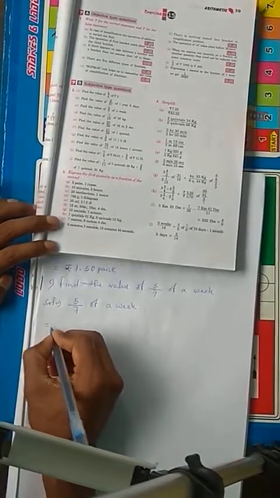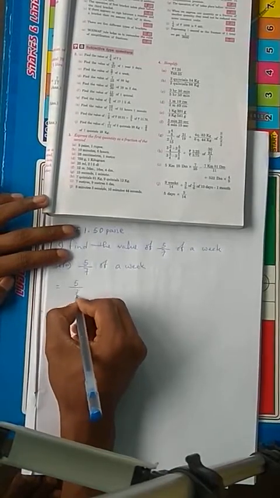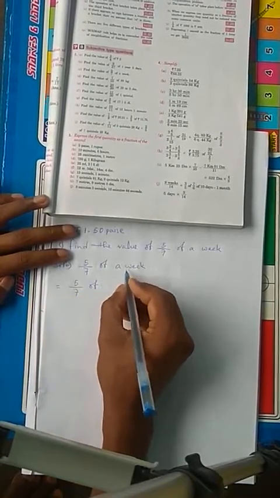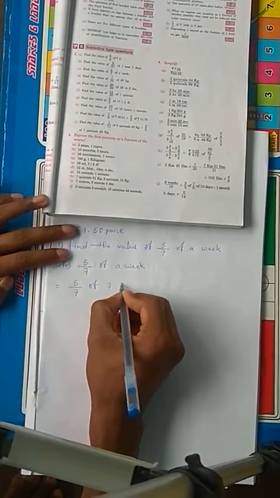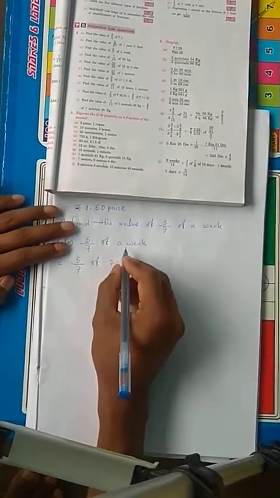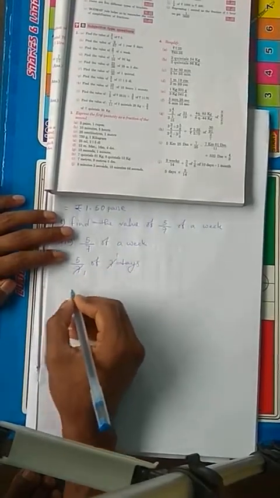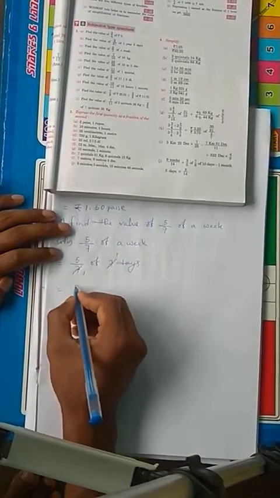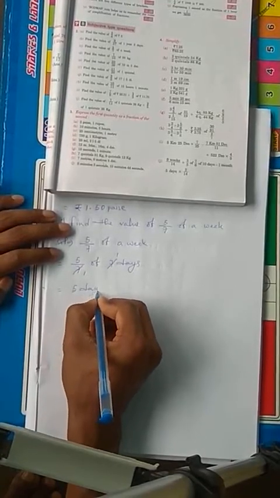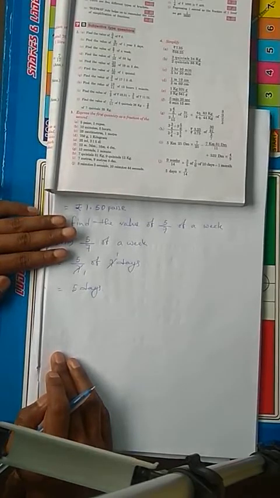So equals to 5 by 7, in a week how many days? 7 days. A week means in 1 week, how many days? 7 days. Then 7 ones are 7, 7 ones are 7. So 5 ones are 5 days is your answer.